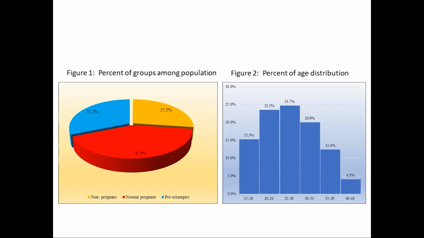This decreases on either side, towards the 40 to 44 age group, only 40%, and on the other hand, in the age group between 15 to 19, only 15%. And the most are, as I said, among the 25 to 29 years of age.